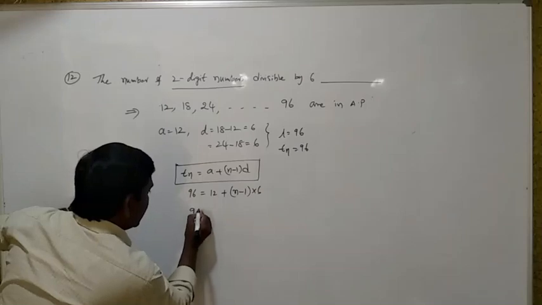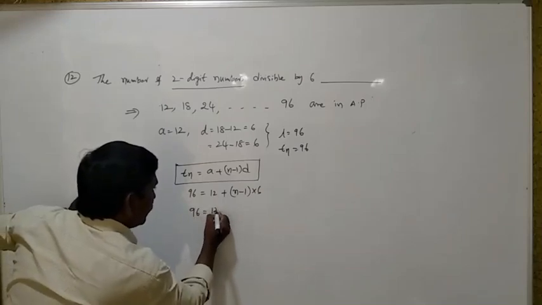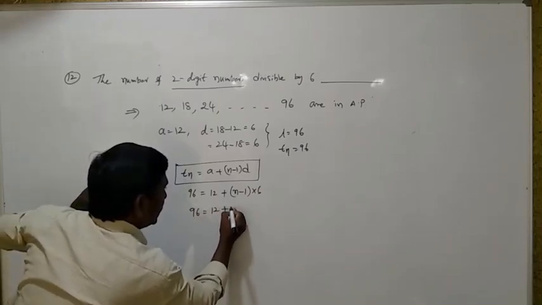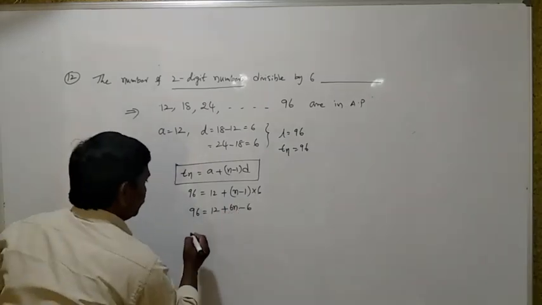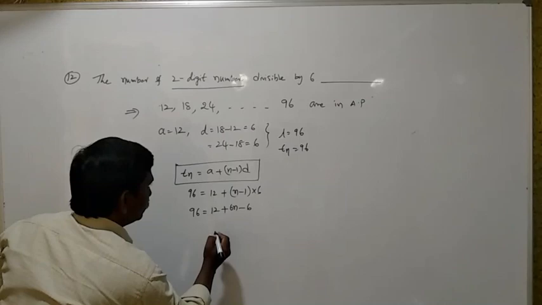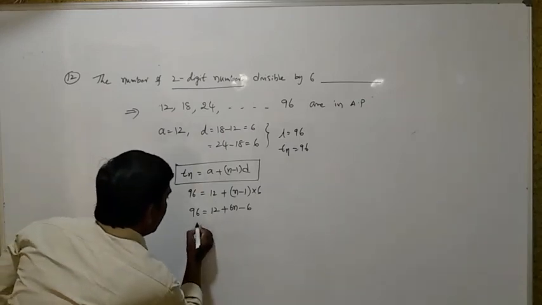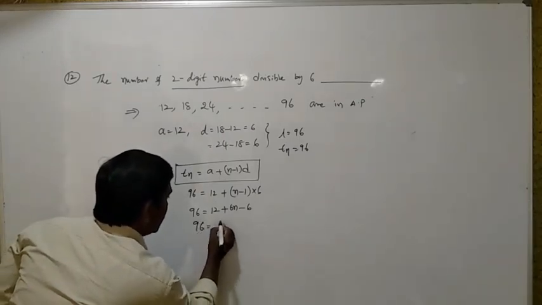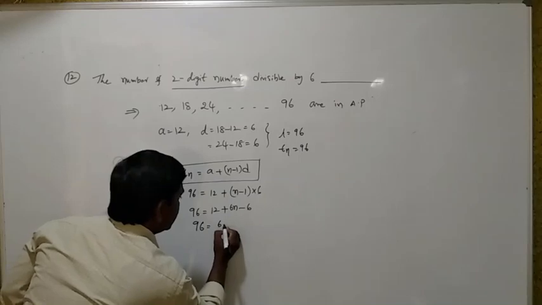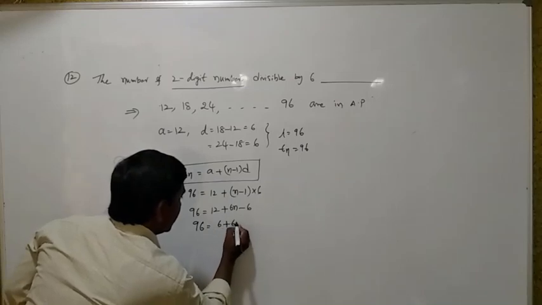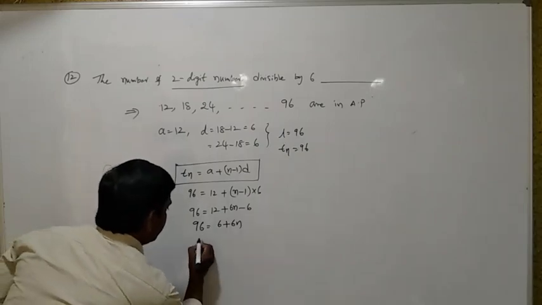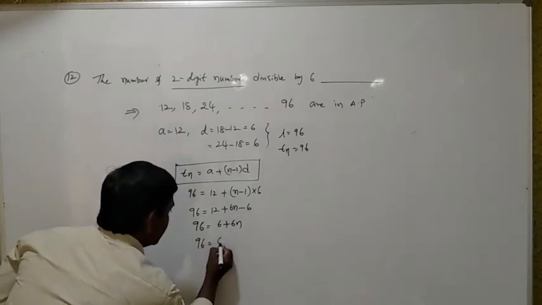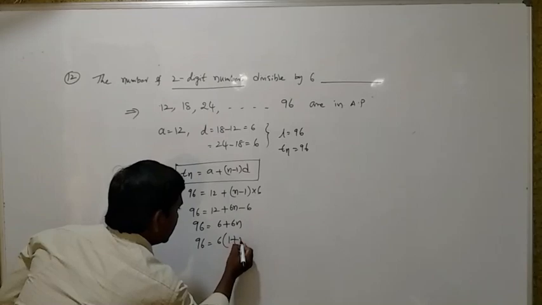So 96 equal to 12 plus 6n minus 6, so 96 equal to 6 plus 6n.